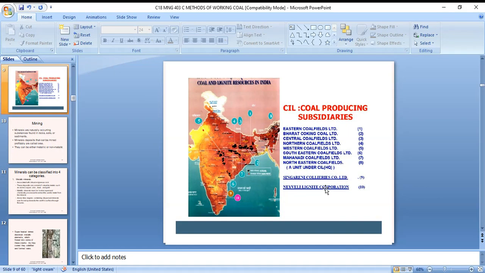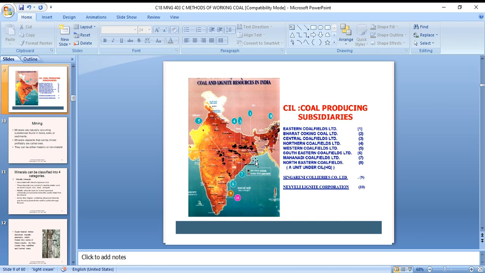So this is the scenario of our Indian condition, the coal resources of India, where different locations are shown here. Neyveli Lignite Corporation is here. Next is the Singareni Collieries Company Limited in the Telangana state. This is the Singareni Collieries area. Eastern Coalfields are located in the eastern states, Madhya Pradesh and Chhattisgarh presently.